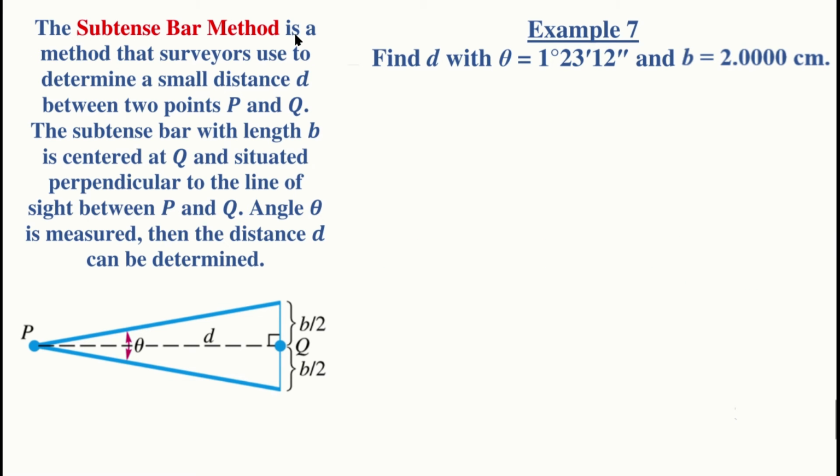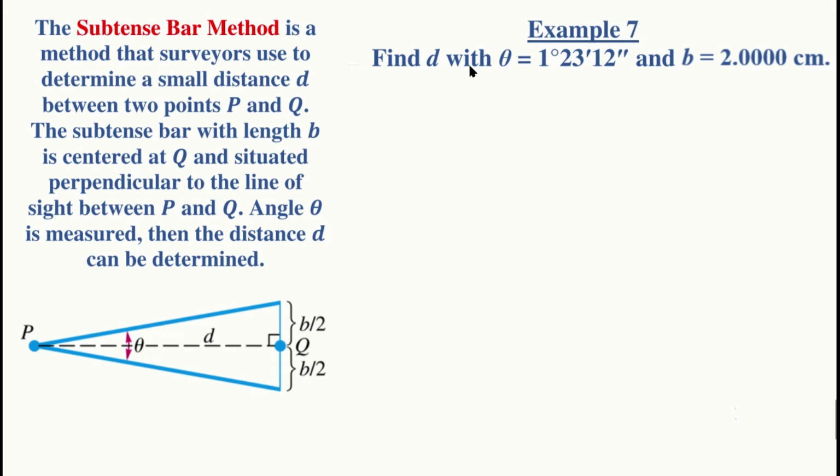The Subtense Bar Method is a method used by surveyors to determine a small distance d, such as the one here between P and Q. And the way they do it is they use what's called a subtense bar with a given length here B, and they situate it so that it is centered at Q, and also so that this bar becomes perpendicular to this line of sight between P and Q. This angle theta is then measured and used to find the distance d.